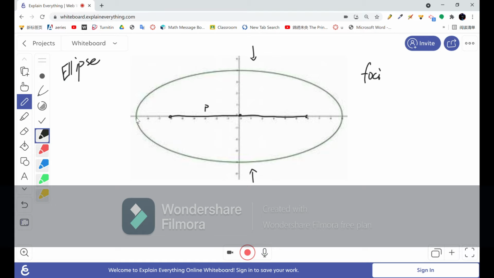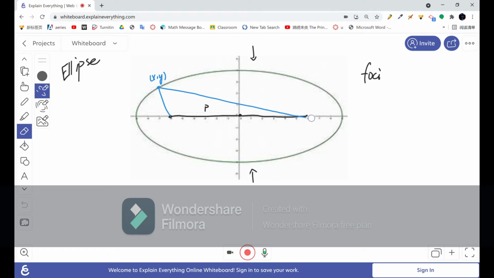So now, how is the ellipse constructed by these two points? We have to know a really important definition of the ellipse. Let's say we have a random point, let's call this x comma y, which we will use to derive the equation later. These two lengths are not necessarily equal, obviously not in some cases, but their sum is always going to be constant.